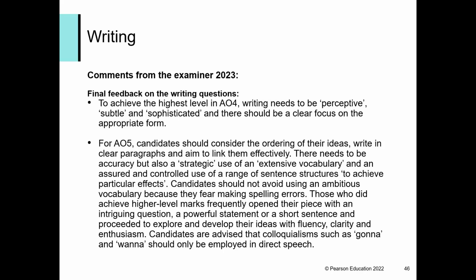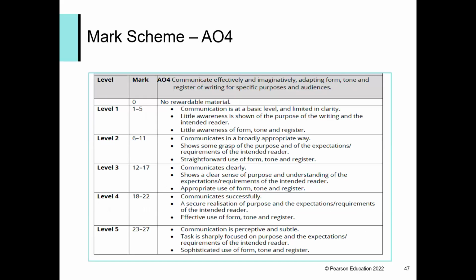So a quick look at these mark schemes. This is the AO4 mark scheme. We can see there that the first bullet point is about communication. Basic in level 1, broadly appropriate in level 2, clear in level 3, successful in level 4, and perceptive and subtle in level 5.